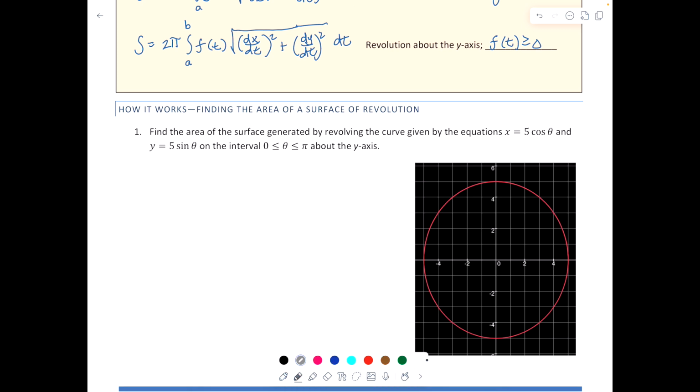But we have to be careful, right? Because we're going about the y-axis, so this bottom half isn't going to be part of the scene here. So I'm just going to kind of darken this one.